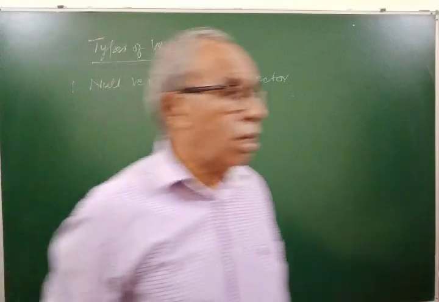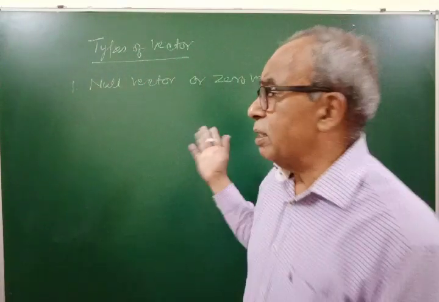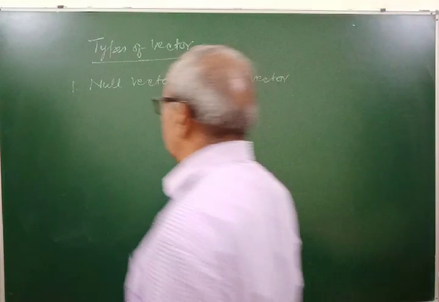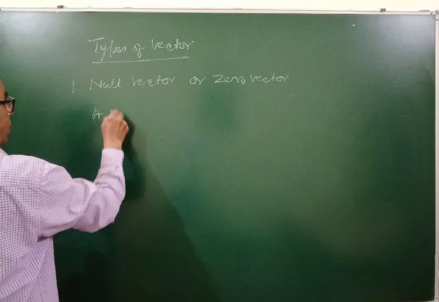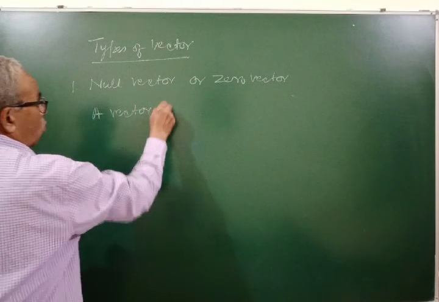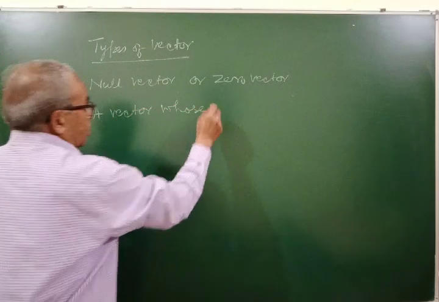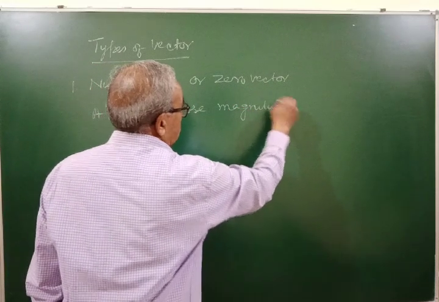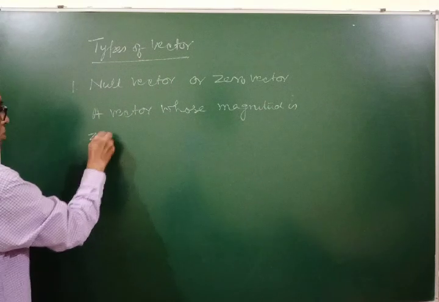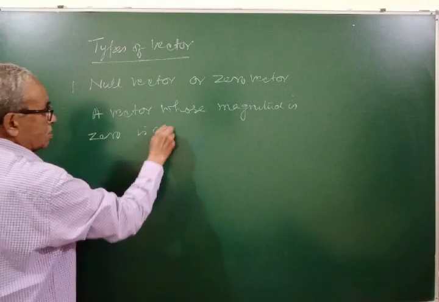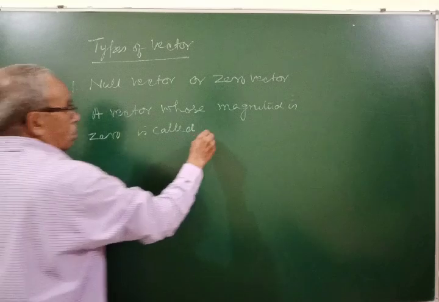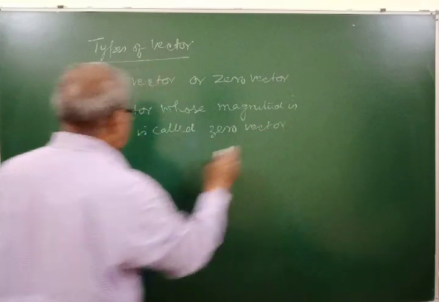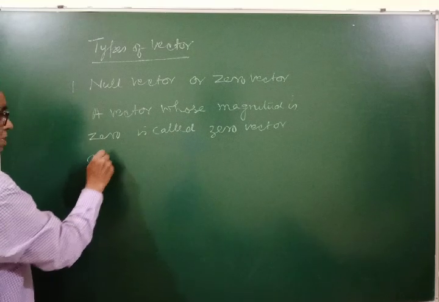It appears ridiculous when we tell the definition of a zero vector: a vector whose magnitude is zero is called a zero vector or a null vector.